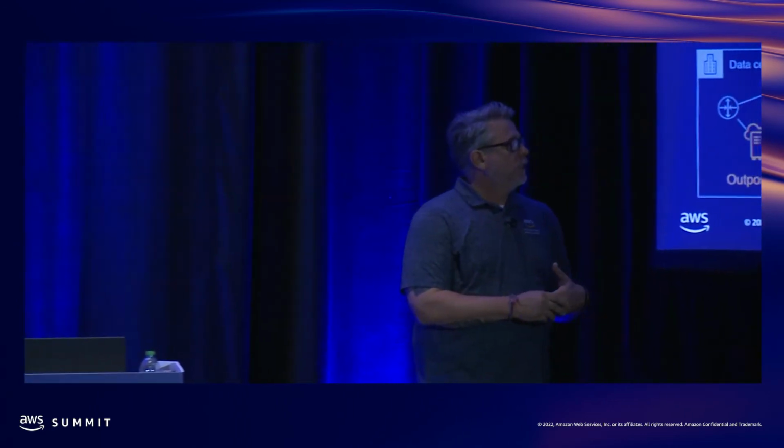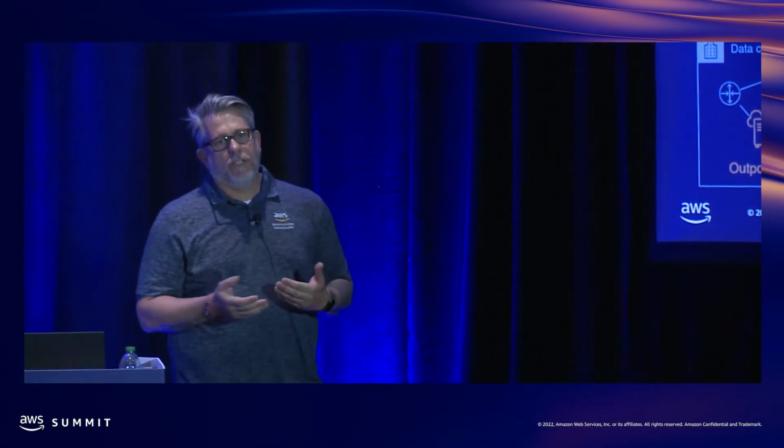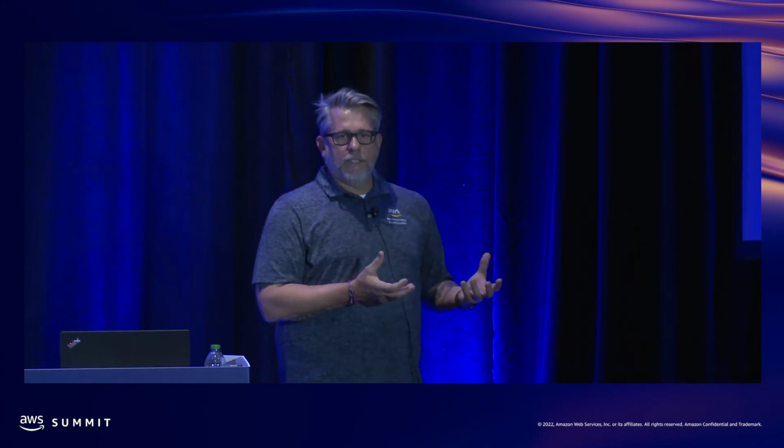Sure. It's really based on what you're designing for, right? What applications are you running? How many virtual CPUs are you going to need? How much memory or storage are you going to need to run these applications? You can have 1, 2, 3, or 4 Outposts put together and make them one logical Outpost. That's a viable design use case.